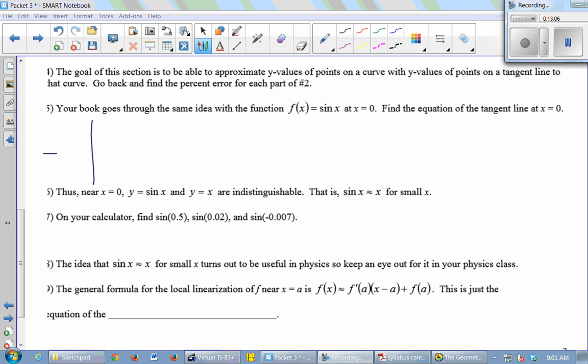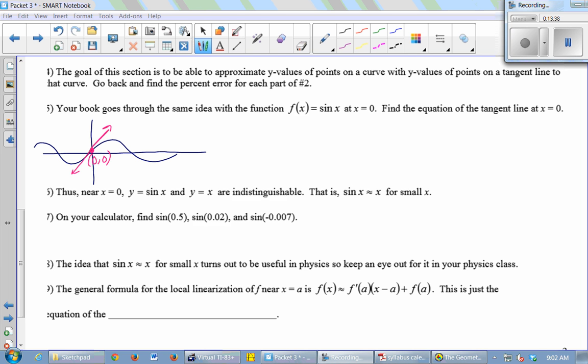So if I just sketch a little picture of sine x, something like that, I'm looking for the equation of the line that's tangent to sine x at 0. Okay. So again, I need the slope of that line, and I need a point on that line to write its equation. Now, what are the coordinates of that point there? 0, 0. Okay, so I've got a point, 0, 0.